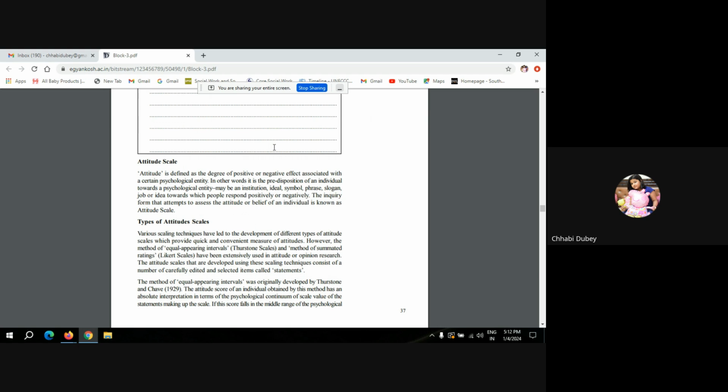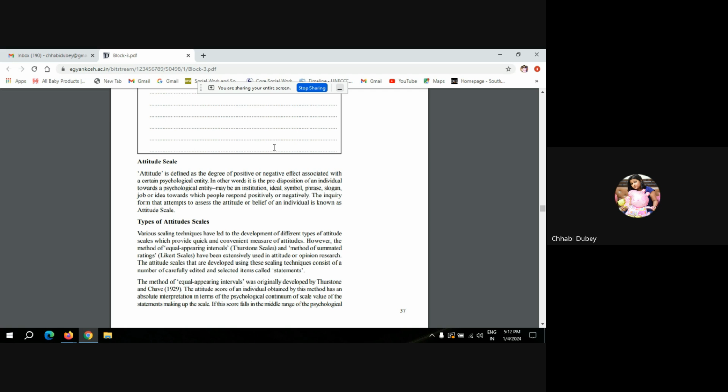Then you have what is known as the attitude scale. This is generally the degree of positive or negative effect associated with a certain psychological entity. So we will have different types of attitude scales.